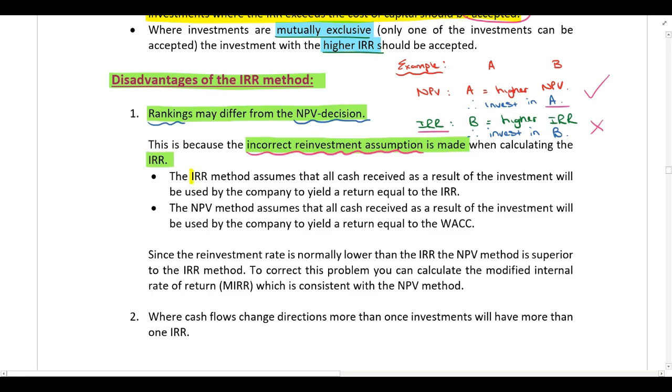With the internal rate of return method, we assume that all cash that is received as a result of the investment is reinvested at a return equal to the internal rate of return. So let me explain that in more detail.